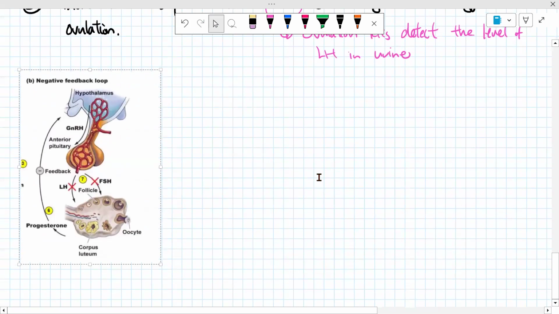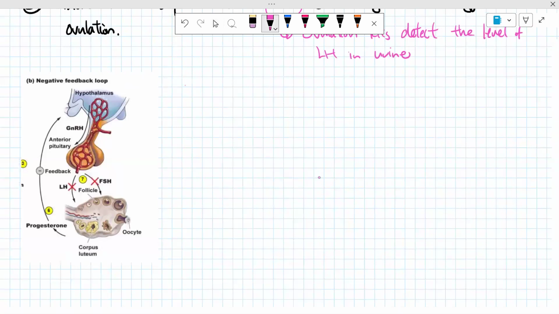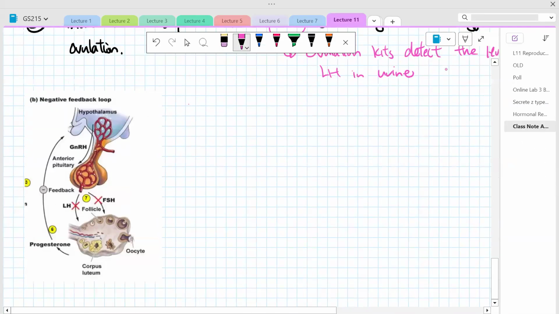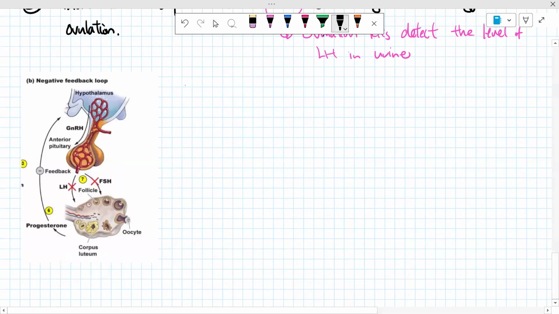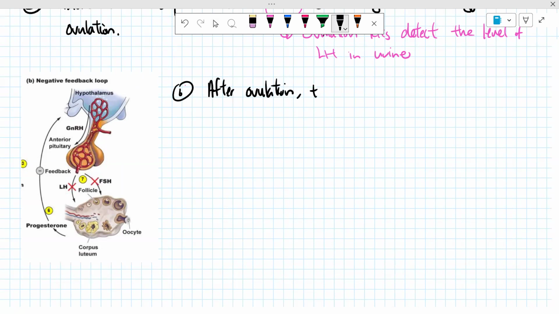So number 6. Following or after ovulation, the follicle develops into what do we call the thing?